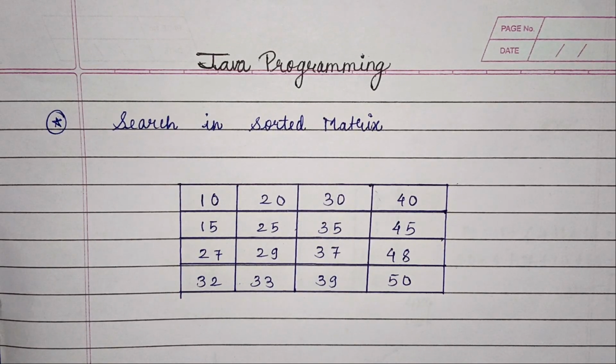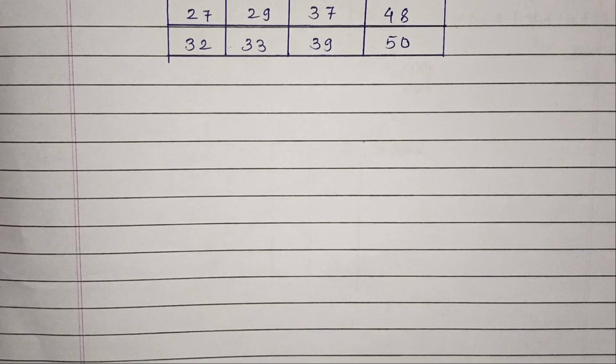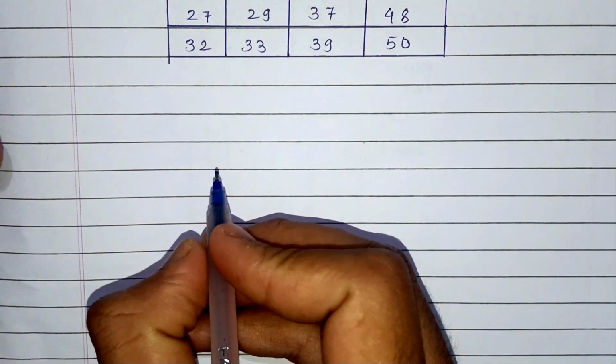So in this 2D array, we have to search a key. I've seen two types of algorithms to search an element in an array.